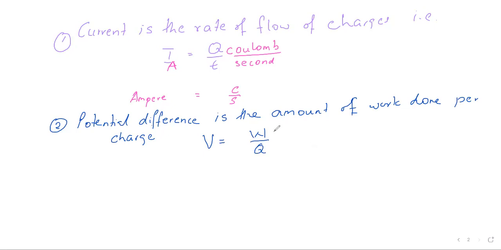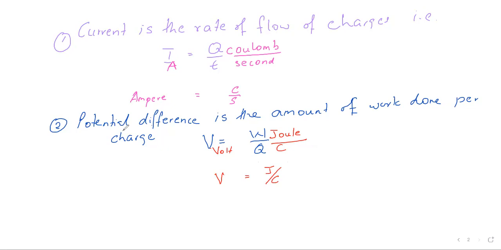Work is measured in joule and the charge in coulomb, and the potential difference in volt. So 1 volt is equal to 1 joule per coulomb.